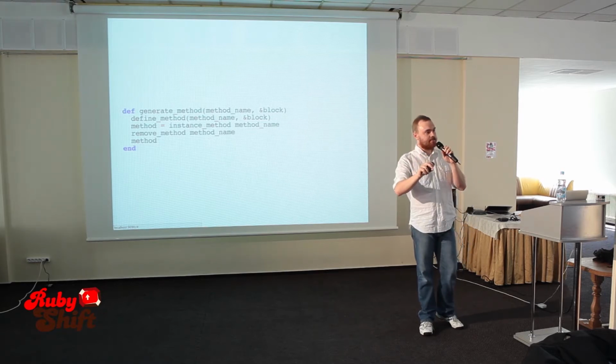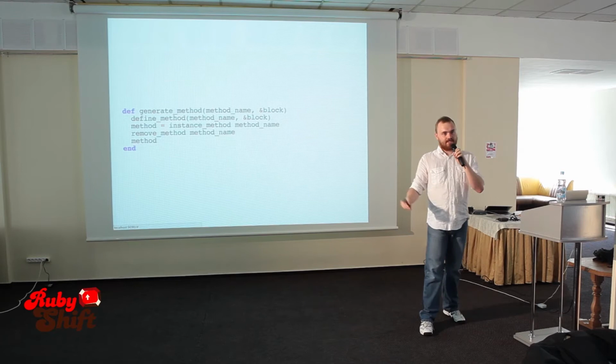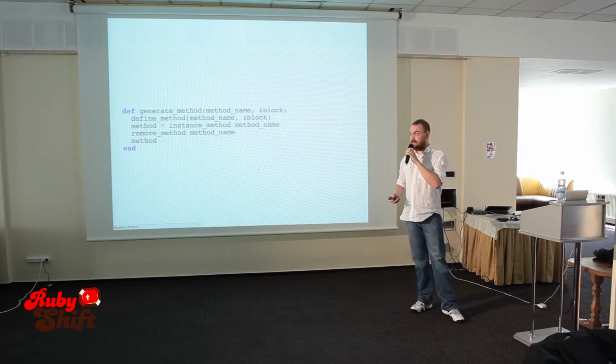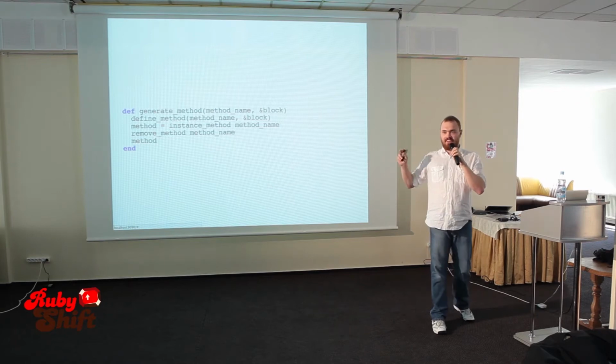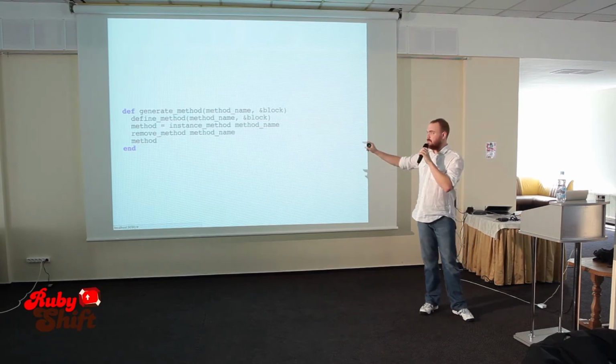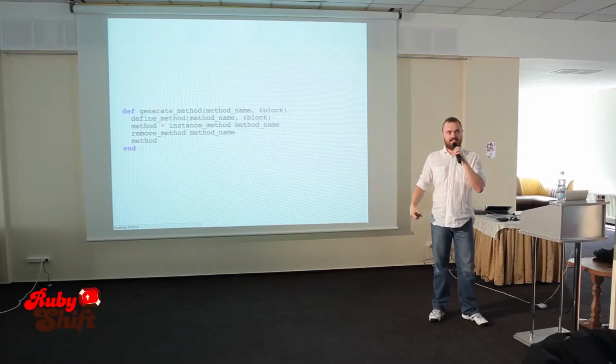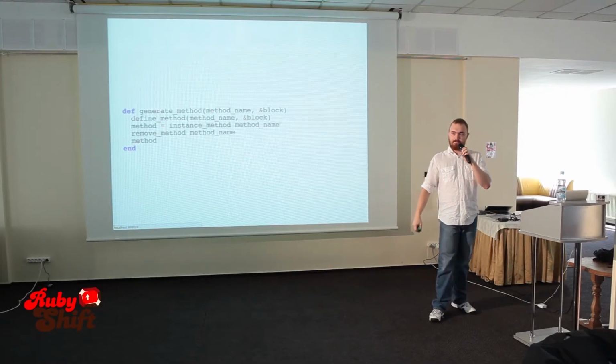So under the variable you have a method, because a method is a Ruby object, like everything in Ruby. And the third line is very tricky, because this method is removed, undefined. But we have an instance of that method bound to this method variable, and we can pass it back.